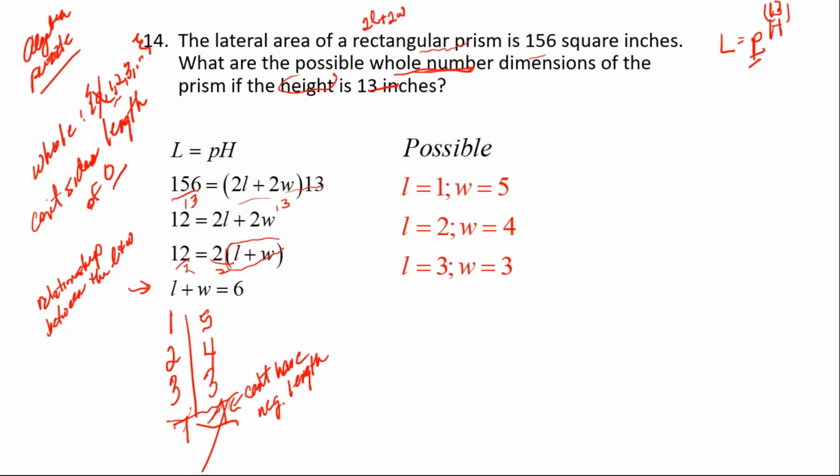It's not, again, it's not a one answer. There's a lot of geometry, there's multiple answers. Just like when we did proofs, there are multiple ways of doing it. So those are the possible combinations. 1 and 5, 2 and 4, 3 and 3.